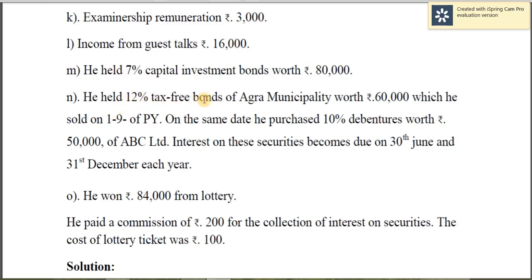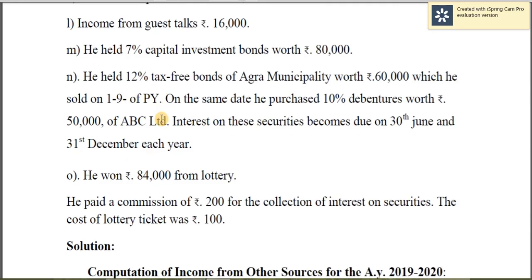We have 12% tax-free bonds of Agra municipality worth ₹60,000, which were sold on 1/9 of the previous year. That means you have to find out what are the due dates of this interest.